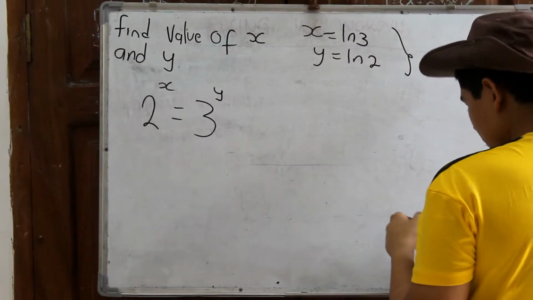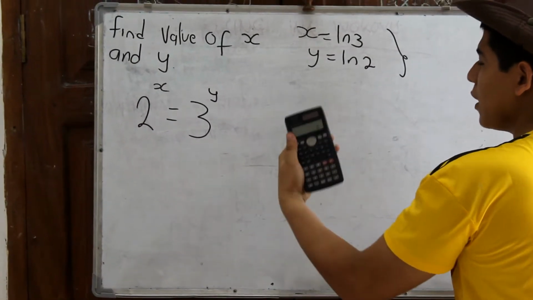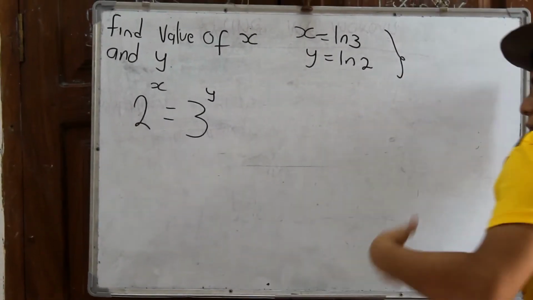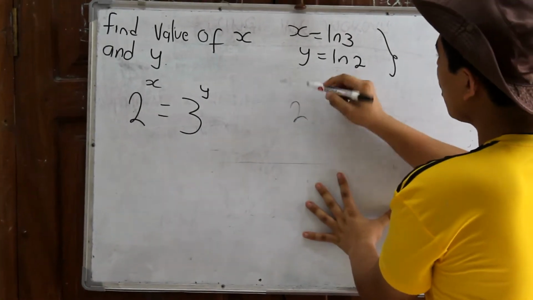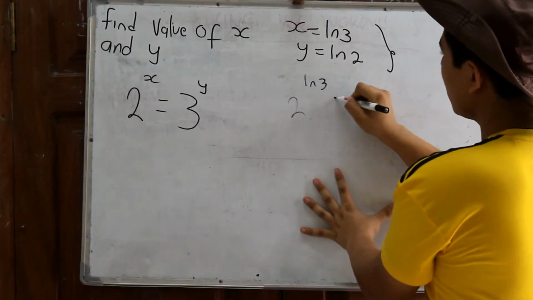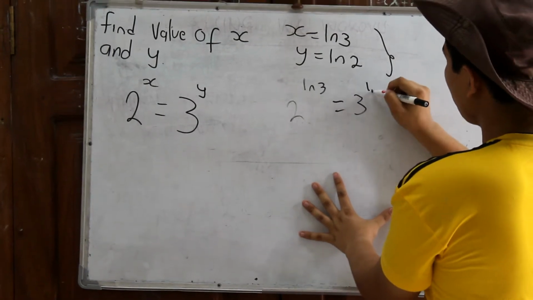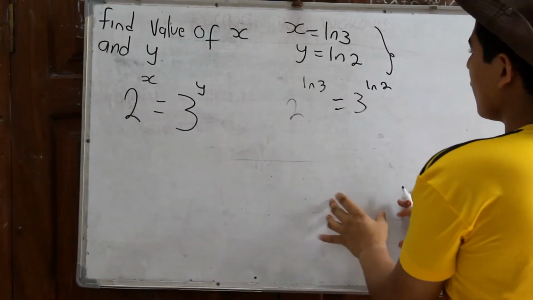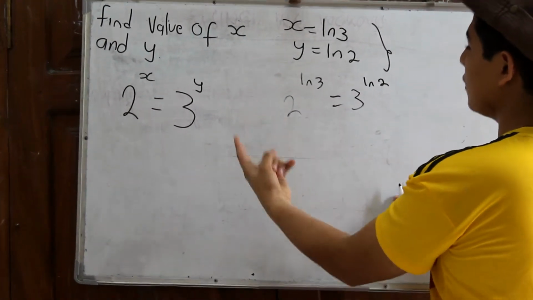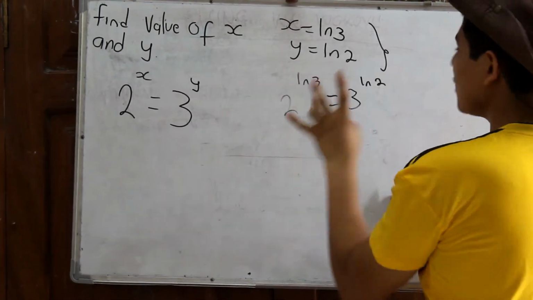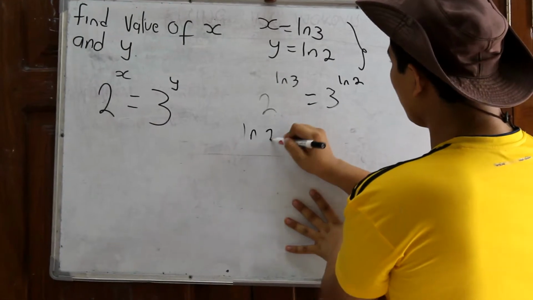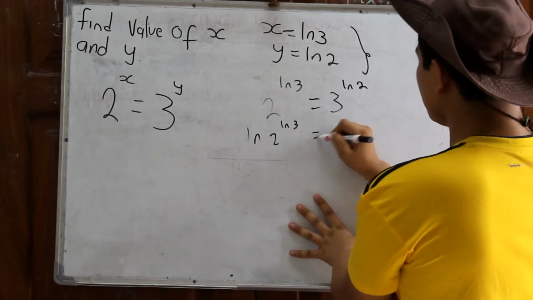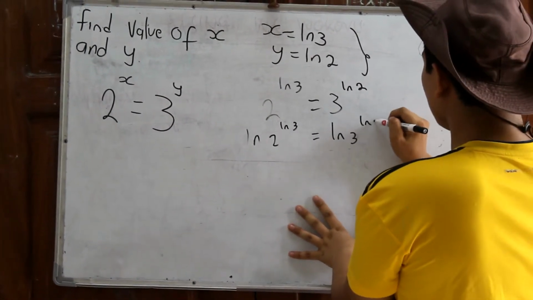And actually first, before solving it with the calculator, I like to solve it by using a mathematical concept. So we say that 2 power ln of 3 is equal to 3 power ln of 2, okay? And now we can apply again natural logarithms in our equation. I just want to show you something which is so good. So we say that ln of 2 power ln of 3 is equal to ln of 3 power ln of 2.